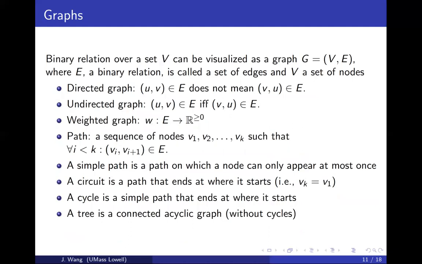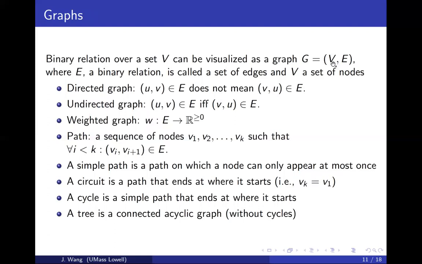Okay, so next we are going to look at graphs. So we can view a binary relation over a set V as a graph. This graph consists of two parts.